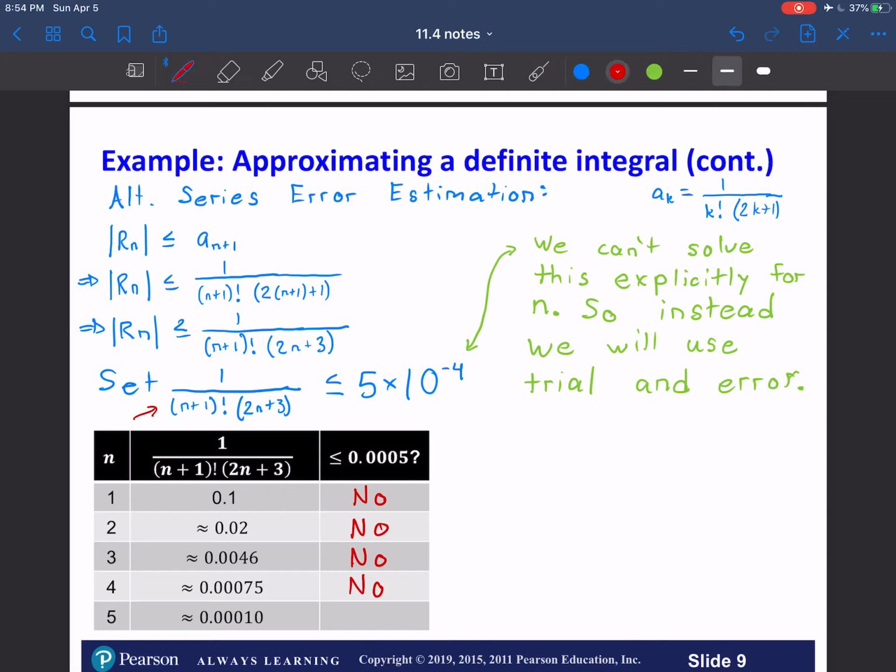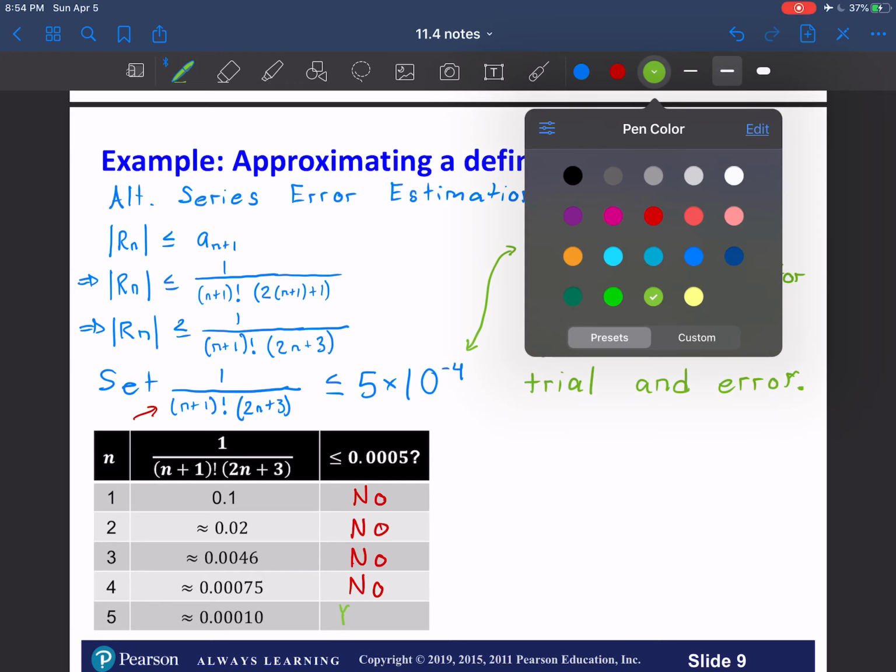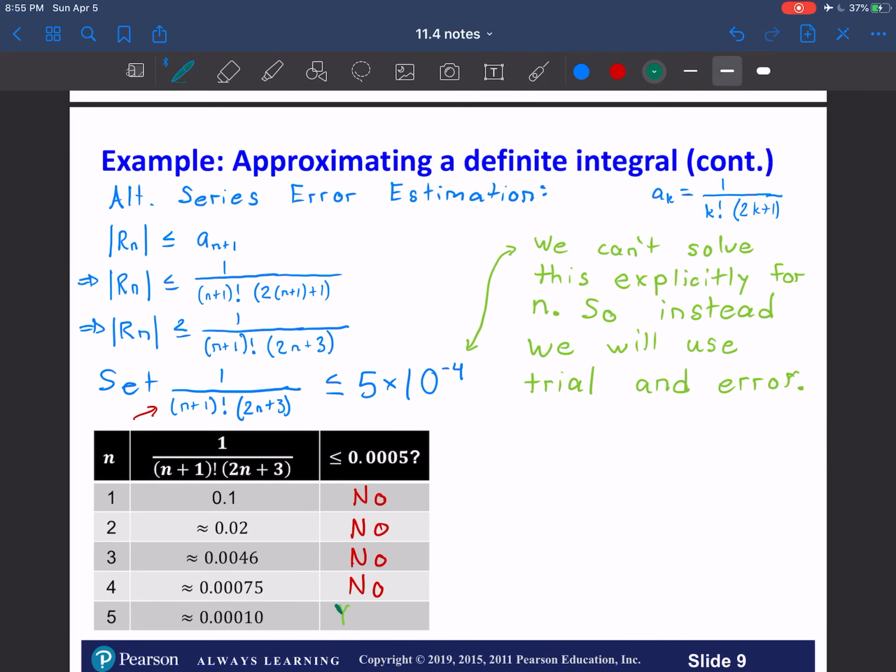And if we were to plug in 5, finally, we get that it is indeed smaller than 5 times 10 to the negative fourth. So we do get what we are looking for.